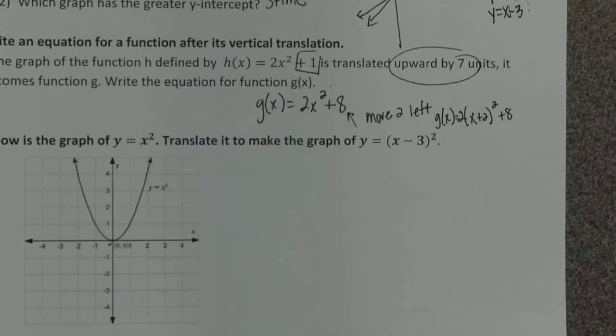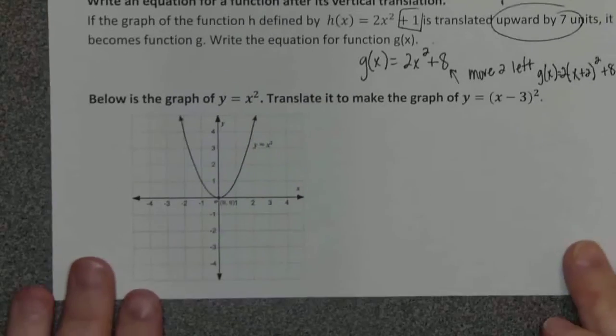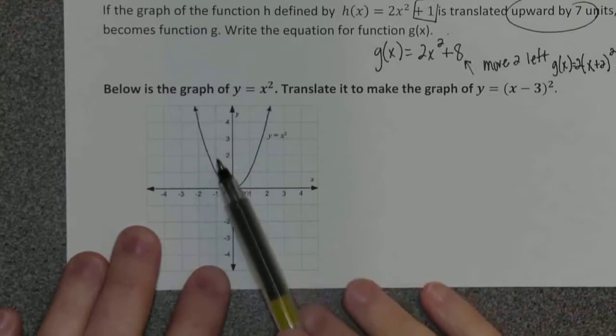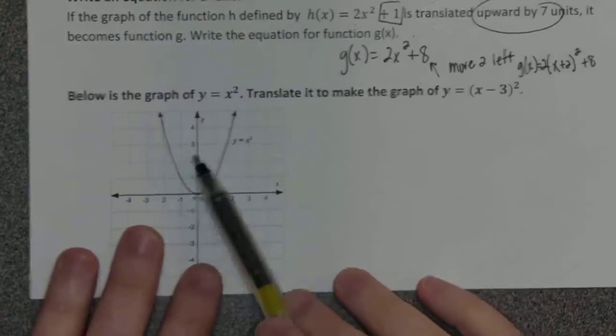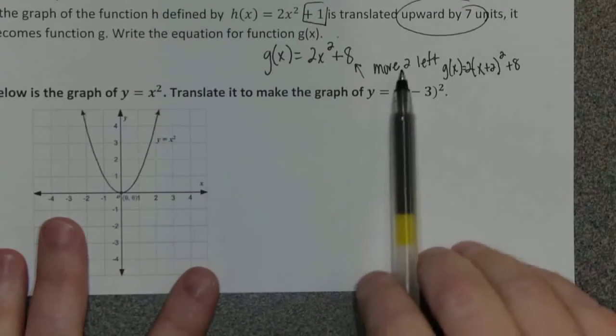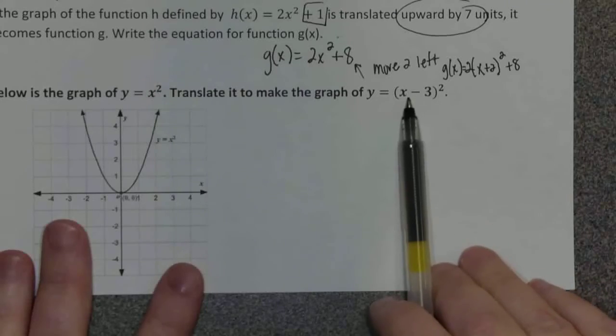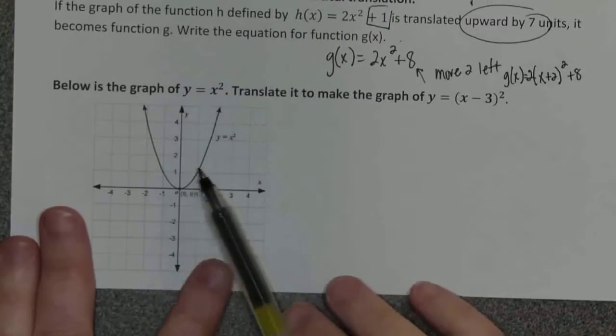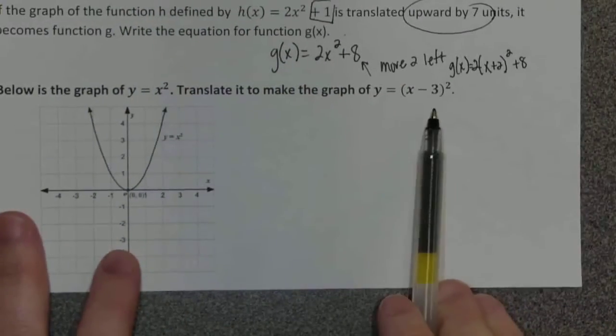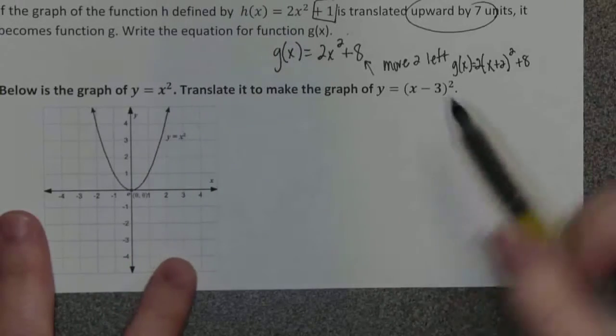Okay? All right, last example here. It says below is the graph of x squared, which is my graph right here. It says make it be this graph, y equals (x minus 3) squared. What does the minus 3 say we did to this original graph? We moved it to the right 3.